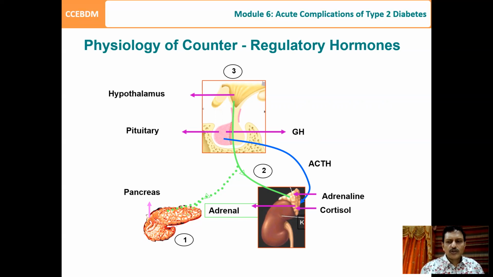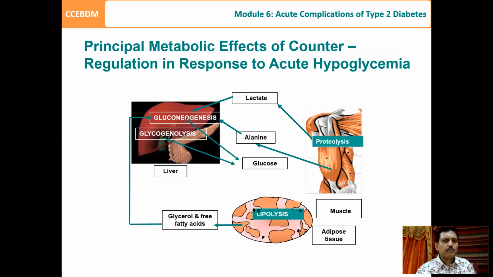So coming to the metabolic aspects of hypoglycemia, there is a decrease in the blood glucose level. When there is a decrease in the blood glucose level, what will the body do? The body will try to produce more glucose. How can it produce more glucose? There are two mechanisms: one is gluconeogenesis, another is glycogenolysis.